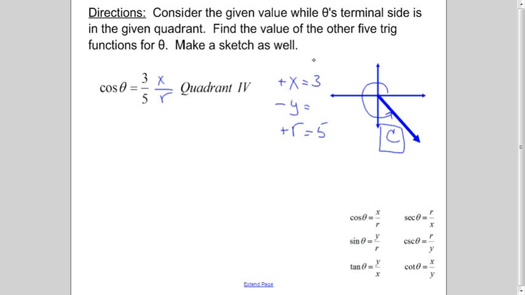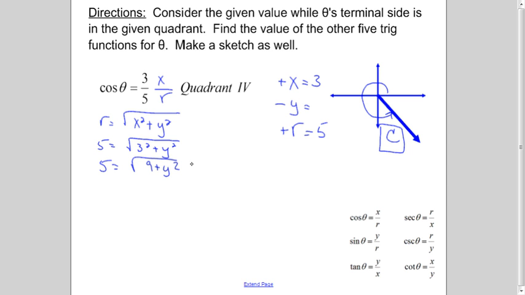Now I need to find Y, so I'm going to do that with the formula for R. If you remember, R equals the square root of X squared plus Y squared. So we have 5 equals the square root of 3 squared plus Y squared, so 5 equals the square root of 9 plus Y squared.